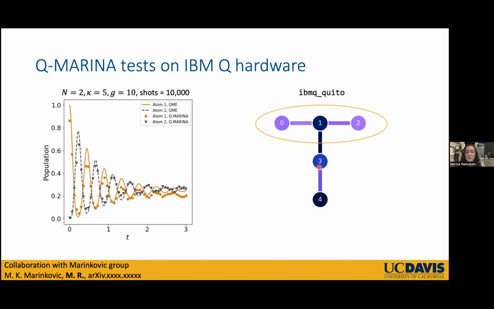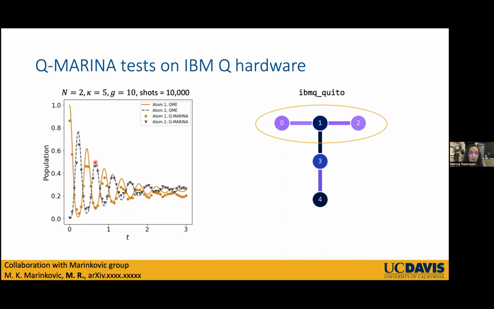This is executed on the IBM Q system, where we use two atoms connected to one cavity environment qubit. The dots represent the experiment data, while the solid lines and dashed lines represent the quantum master equation solution. What we see is a pretty good match in terms of the oscillations.